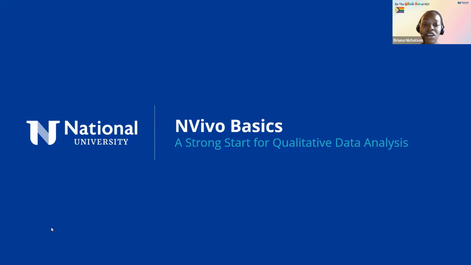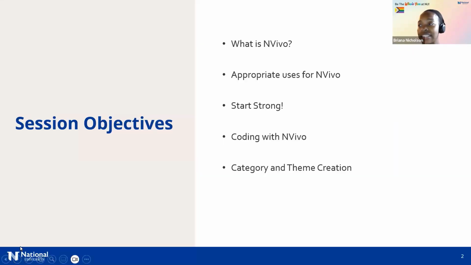So my hope is to talk with you a little bit about NVivo basics and understanding that this really gives you an opportunity for a strong start to your qualitative data analysis. We're going to have a couple of objectives today. We're going to make sure that you understand what NVivo is, give you some appropriate uses for NVivo. We're going to start strong with some exemplars of coding and categorizing and creating themes in NVivo, just getting yourself familiar with NVivo, because that is really, I would argue, 60% of the battle with NVivo is that we're just not familiar with it.